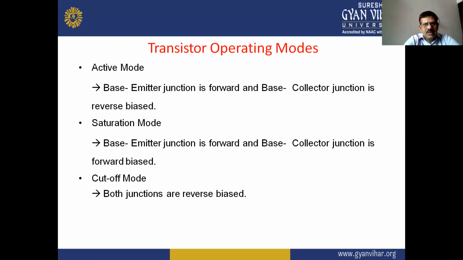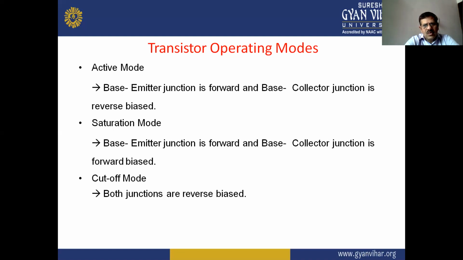First, active mode. In active mode, the base-emitter junction is forward biased and the base-collector junction is reverse biased. So in active mode, junction J1, the base-emitter junction, is forward biased, and junction J2, the base-collector junction, is reverse biased.